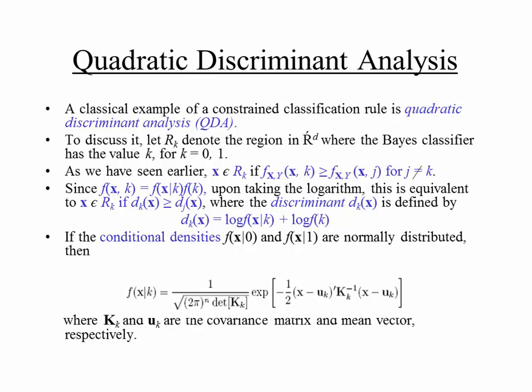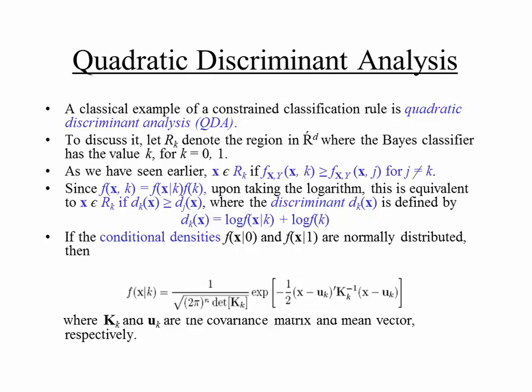Now to derive the quadratic discriminant analysis: up to here we have not made any assumptions about the distribution. If the conditional densities f of x conditioned on class 0 and f of x conditioned on class 1 are normally distributed, a multivariate Gaussian, then this is what the density function will look like.